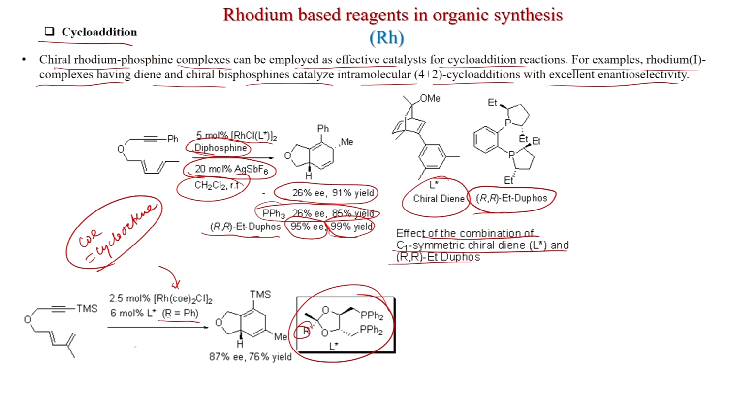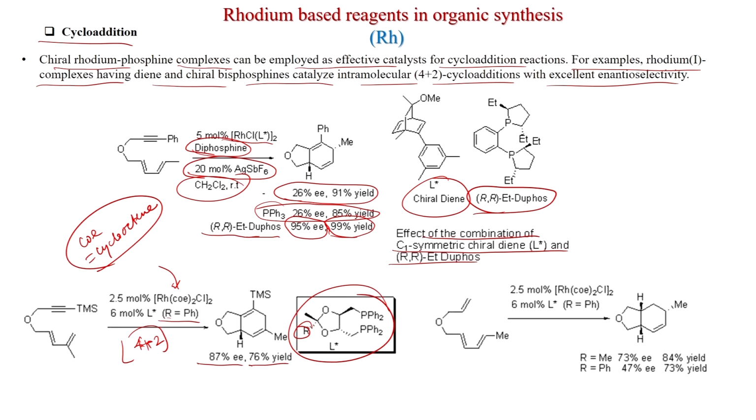This is also 4+2, and this bicyclic compound is formed in 87% ee, 76% yield. So, with the phosphine ligand here, it is enough to give the enantiomeric excess.